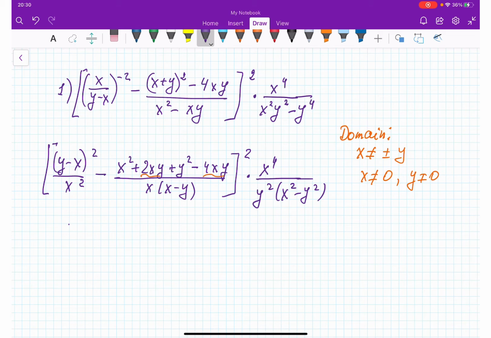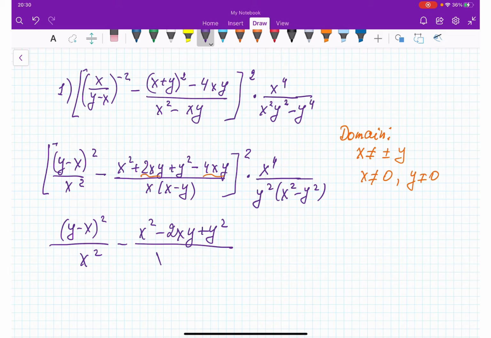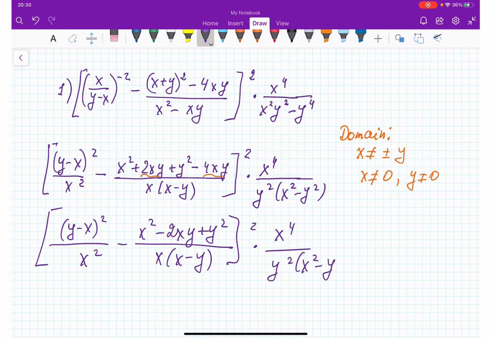Let me write down y minus x squared over x squared minus x squared minus 2xy plus y squared divided by x times x minus y, all this to power 2, and times x to the 4 over y squared times x squared minus y squared.